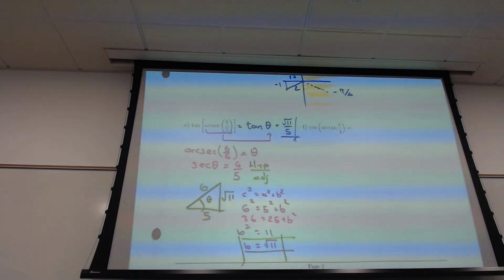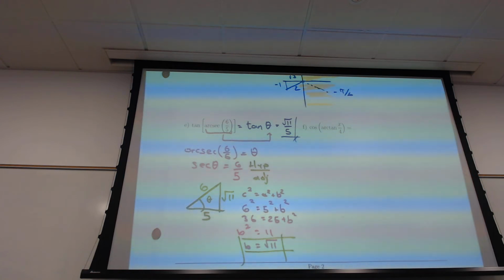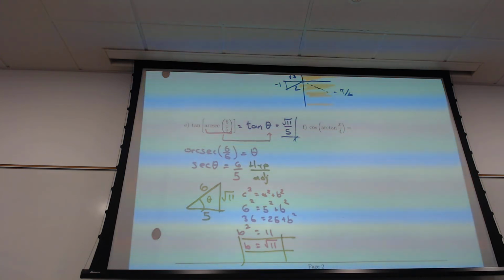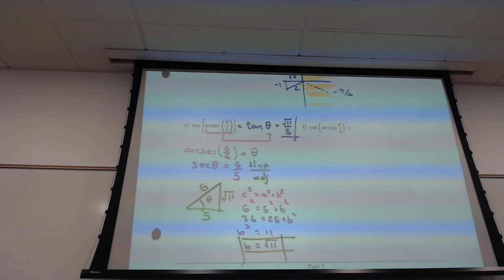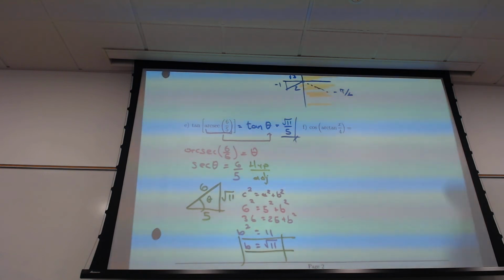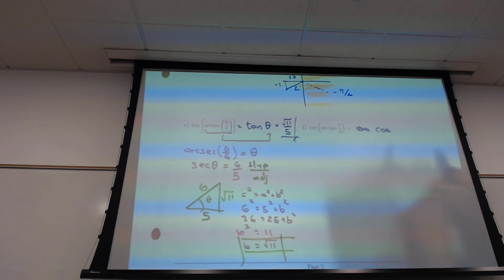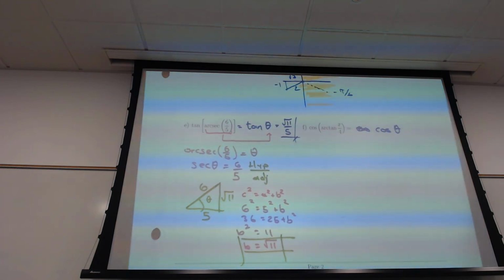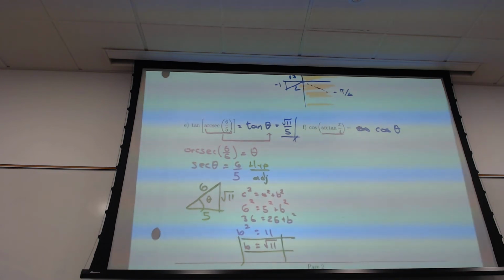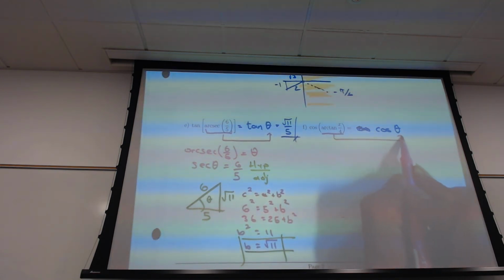All right, in a very similar way, we are going to have another composition, but this one doesn't have any values. Actually, it has one value, but this one already has this variable. And this one is very important. This idea, we're going to use it now that we're going to get into the calculus of the inverse trigonometric functions. So, in the same way, I'm going to define this cosine as some cosine of some angle theta, where all this expression inside of the parentheses will be related to theta.